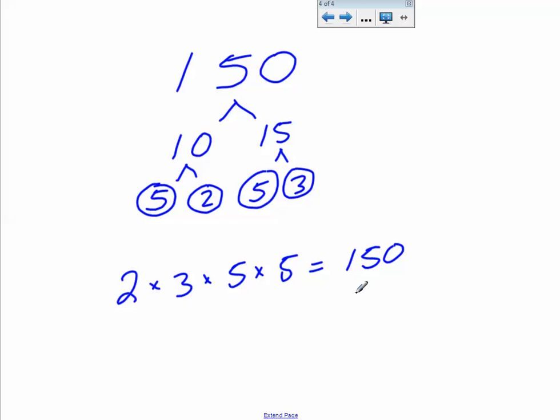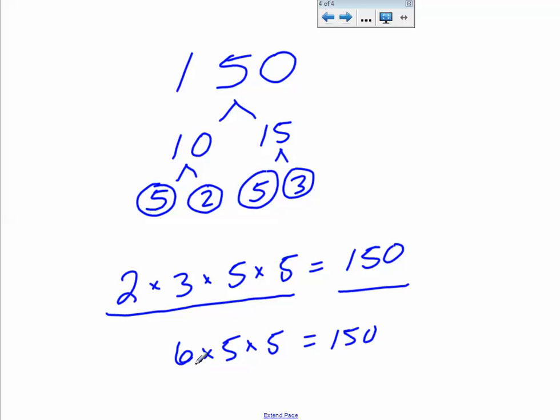And you know what? You can always check your answer to know if you're right, because this over here should always equal this over here. It's that easy. This should equal this. And if it doesn't, you've messed up somewhere. Now, it's possible, and I've seen this happen before, where people over here have like 6 times 5 times 5 equals 150.